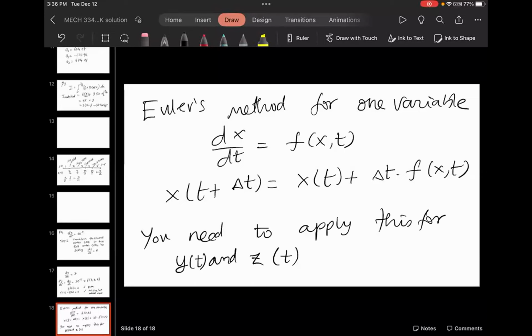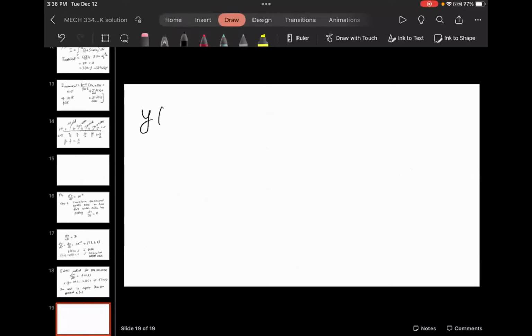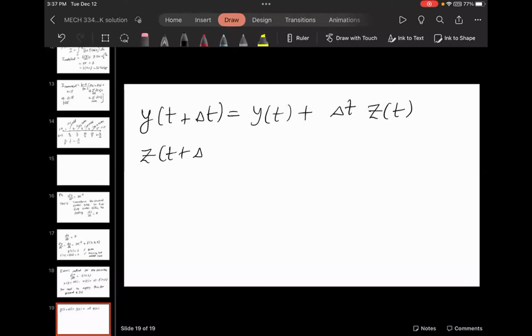Okay, so how do you do that? So in the exam, I would strongly suggest you to write it out. y of t plus delta t equal to y of t plus delta t multiplied by z of t. And then z of t plus delta t is z of t plus delta t multiplied by f of t, y, and z. What is f?